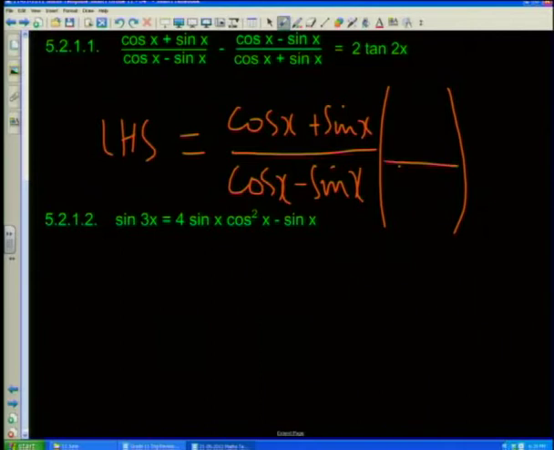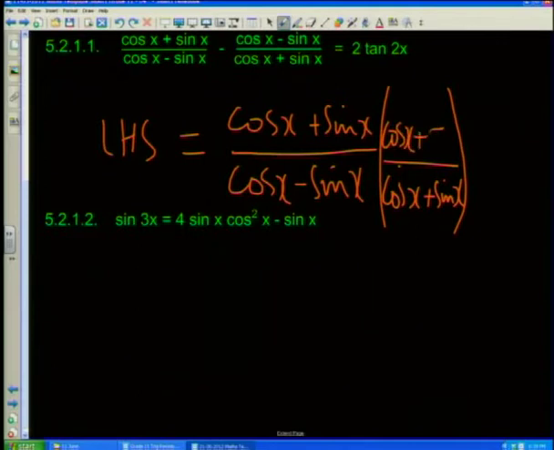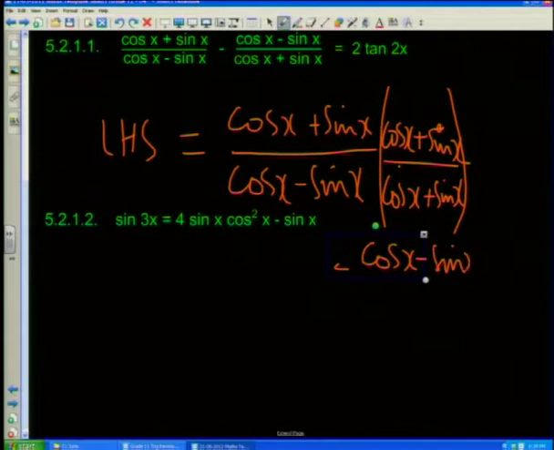So all I'm short of here is cos of x plus sine of x. And I must put it on top as well. Cos of x plus sine of x. That's just one part of it. And if we subtract that, create some space there, then I've got cos x minus sine x, all divided by cos x plus sine x.